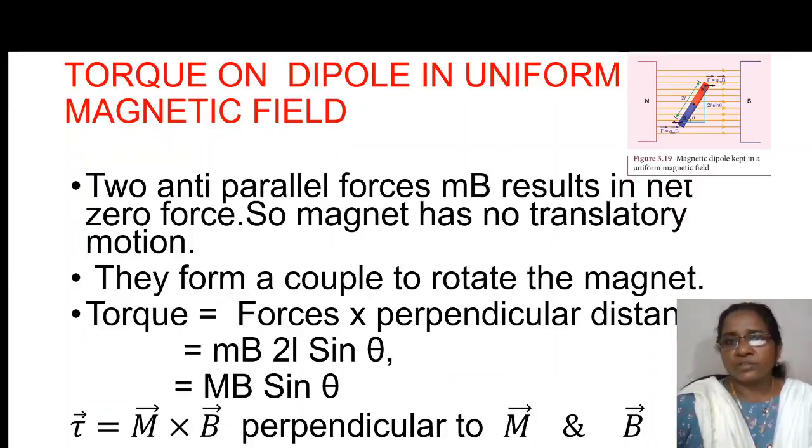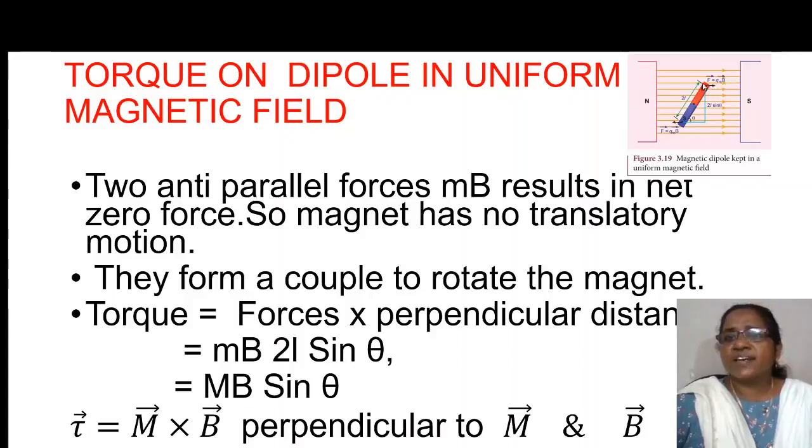Now we are moving on to the next topic, that is torque on a dipole in a uniform magnetic field. Here a uniform magnetic field is shown between two magnetic pole pieces. This is represented by equidistant parallel lines directed along a single direction, and a magnetic dipole with a pole strength m and length 2l is aligned with its magnetic moment vector directed from south to north at an angle theta with the external magnetic field.